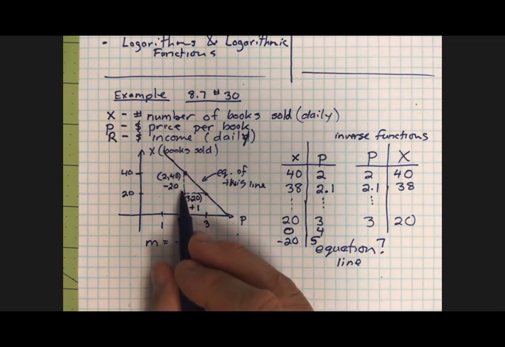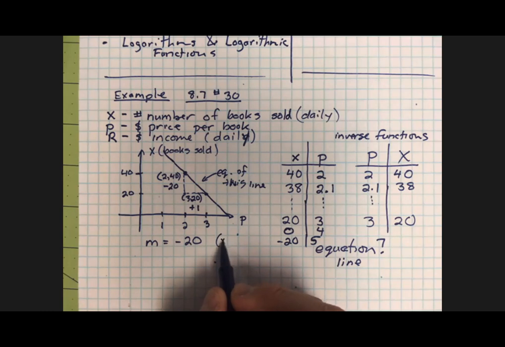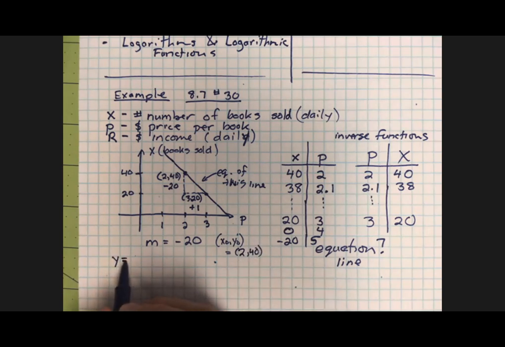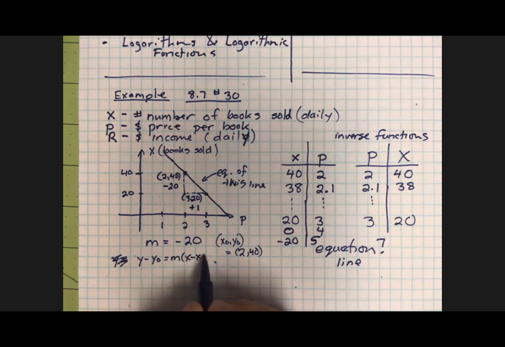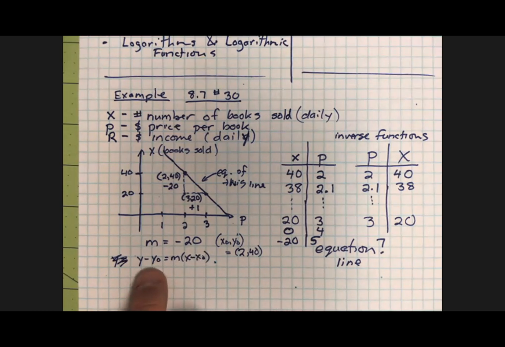Got a base point on that line? Sure. Let's take the base point to be 2 and 40. Now I'll use this formula to give me the equation of the line. Now, I'm in a little bit of trouble right here.